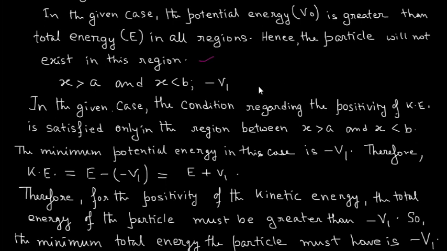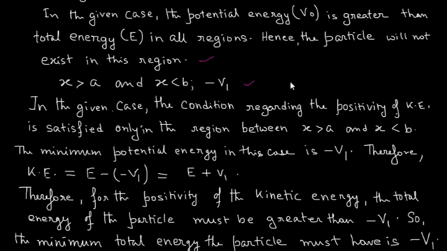Here x is greater than a and x is less than b, and minus V1. In the given case, the condition regarding the positivity of kinetic energy is satisfied only in the region where x is greater than a and x is smaller than b. The minimum potential energy in this case is minus V1.